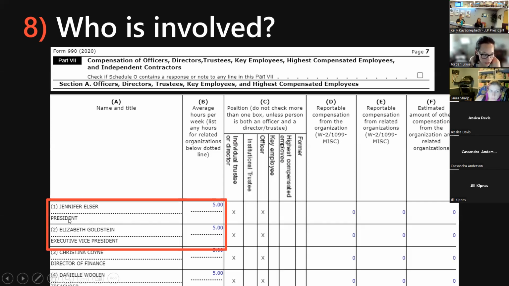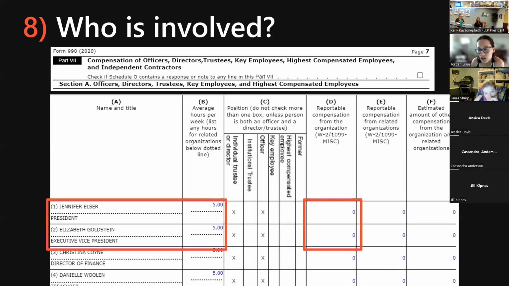Jenny here again claims to have only worked 5 hours a week as president, which I don't believe for a minute, but that's nice. Reportable compensation, column D, you'll want to match up with that CEO pay. As we all know, it is a volunteer organization and we are not getting paid, so the zeros make sense here.